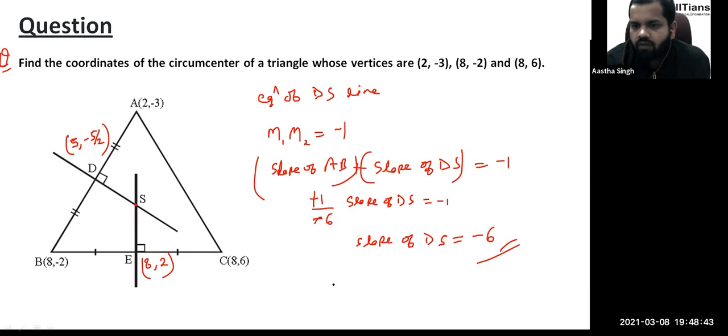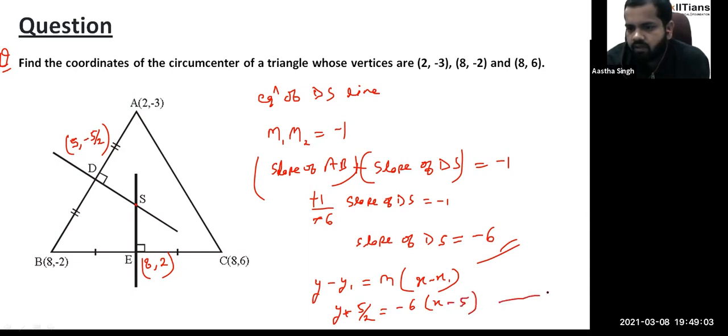And how will you find out the equation? y minus y1 is equal to the slope times x minus x1. y minus y1 is y plus 5 by 2, equal to minus 6 times x minus x1, where x1 is 5. This is the equation.